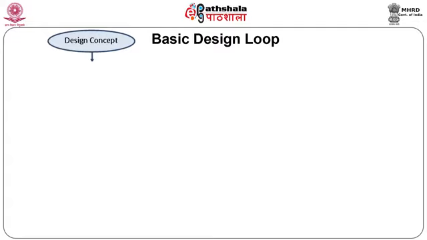The basic system design process consists of a sequence of tasks. The basic design loop begins with the design concept or an idea of the system to be designed. As the first step, the requirements of the system are clearly defined.